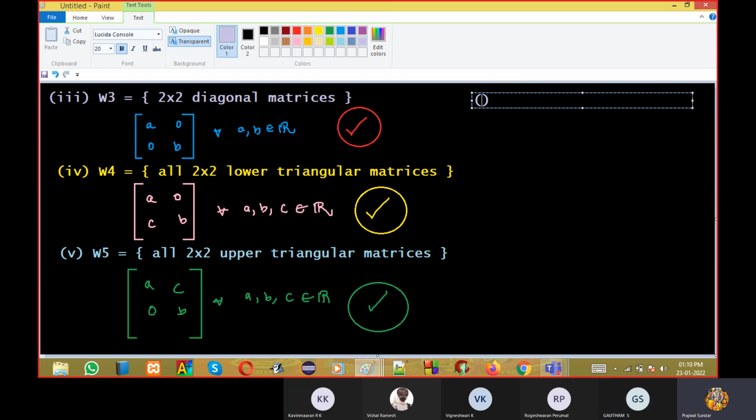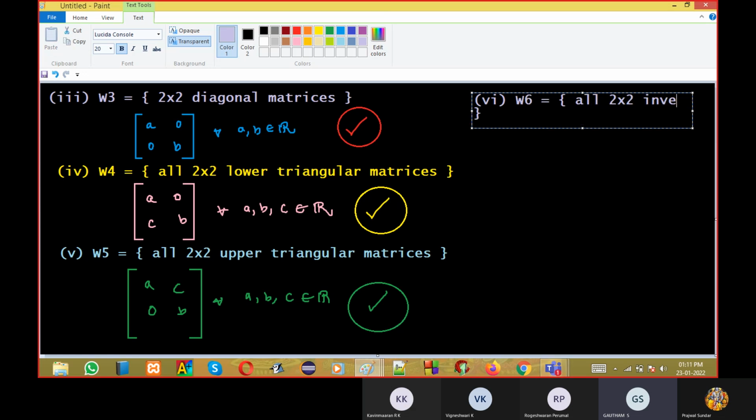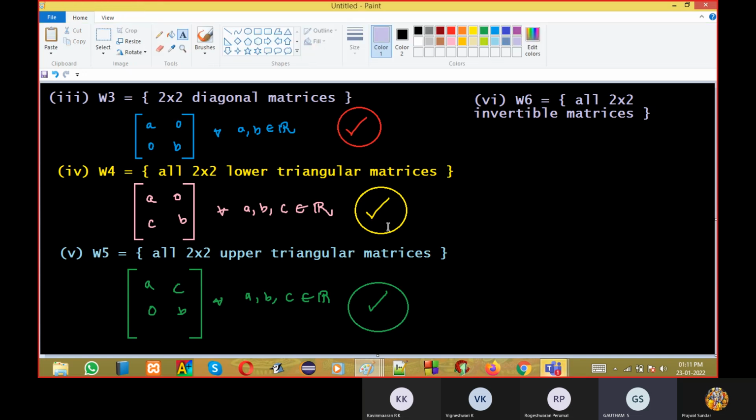I'll wait. Tell me, all this you can prove, right? Take A1, B1, A2, B2, add them, and you will get it here. Right, alpha, do all that, do everything, okay? Any question you want explained, please ask, I will explain.